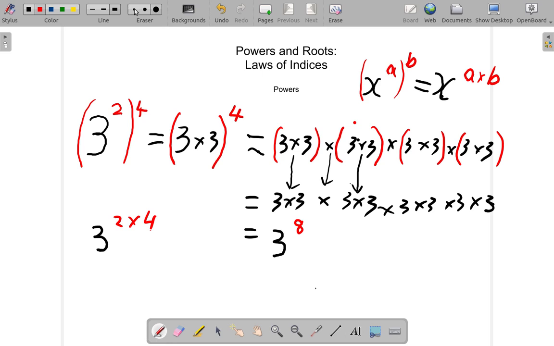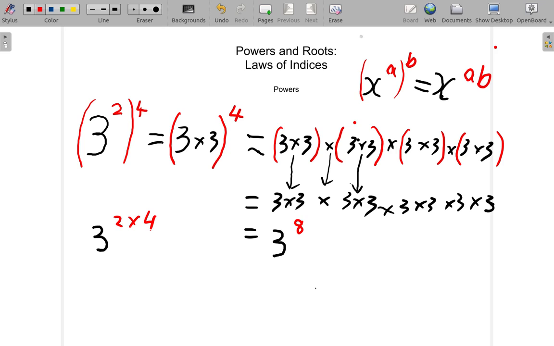I didn't really have to write the multiplication sign. When you have two letters multiply, you could just write them like that and say it is x to the ab. Right? So number to a power raised to another power, it is the number to the, you multiply the powers. You see that?